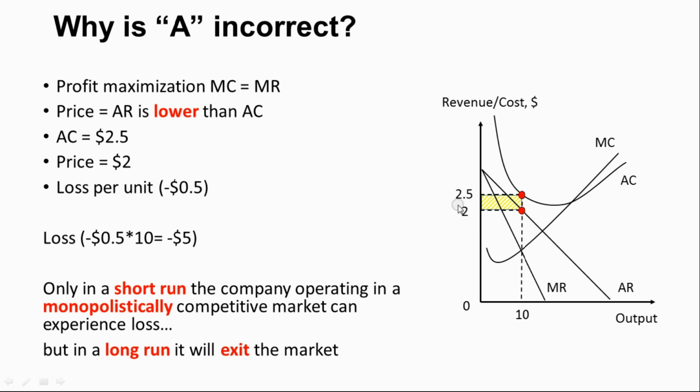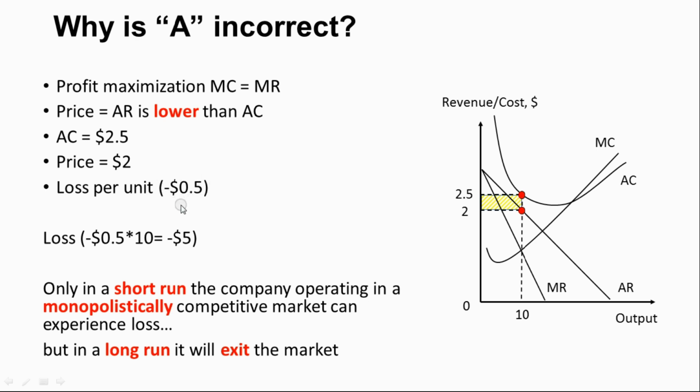It will be the price which you can charge. Then you go to the average total cost, or average cost, here, and it will be your average cost of production, 2.5. Your price is $2. It means that you will lose some money, actually 0.5 per unit.